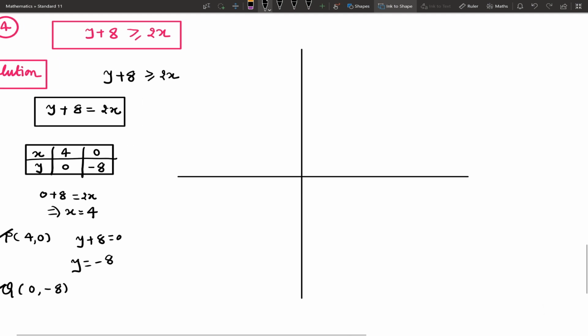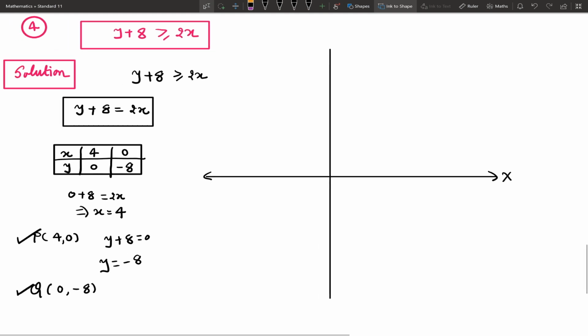So this is the x axis, this is the y axis. 4 comma 0, 1 2 3, so this is the point P 4 comma 0. Another point Q 0 comma -8, 1 2 3 4 5 6 7 8.